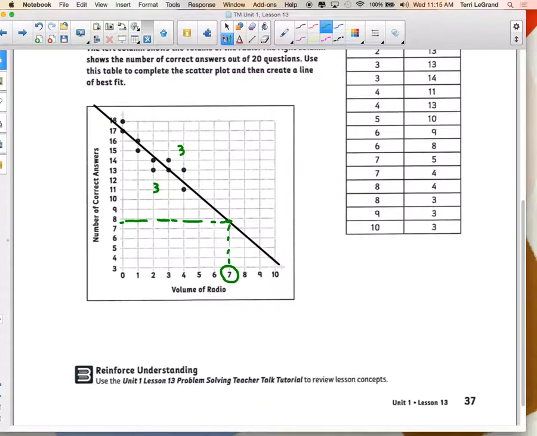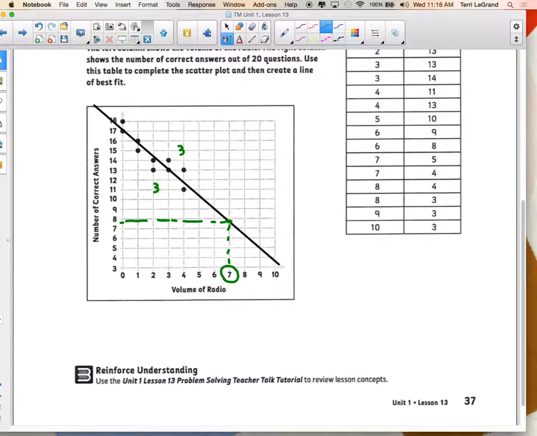So with my line of best fit, I am predicting that the person would get between 7 and 8 correct. What about yours? Did you get 4? Is it more than 4? So lines of best fit help us make predictions based on the relationship we see going on. The line helps us show that relationship.